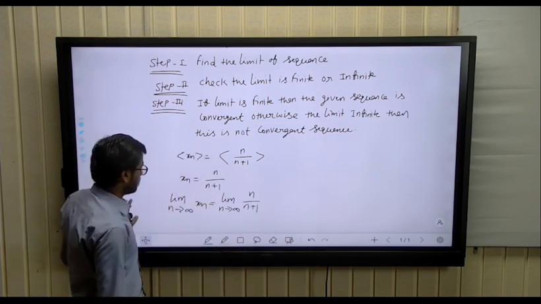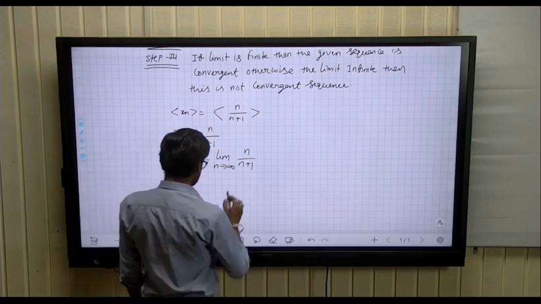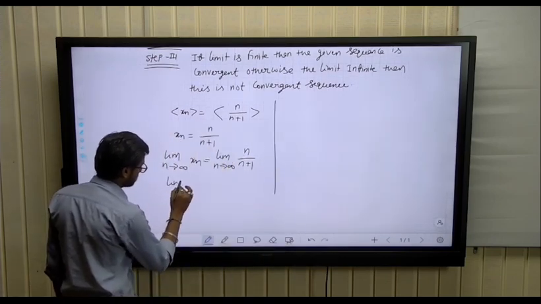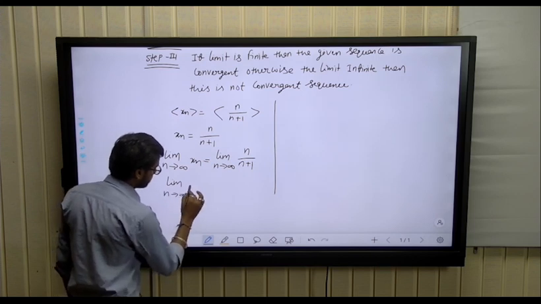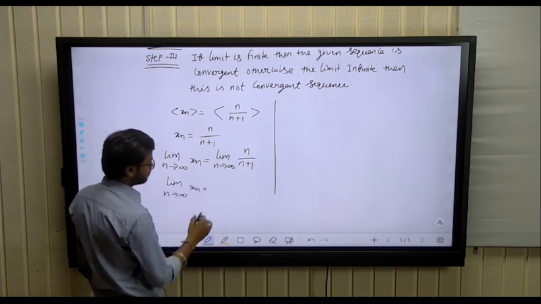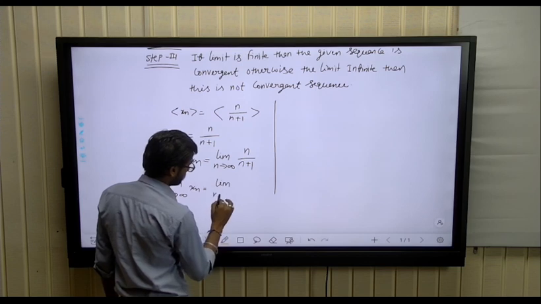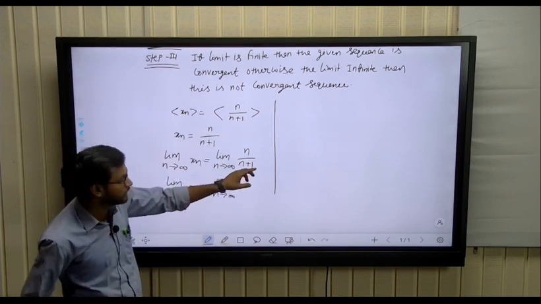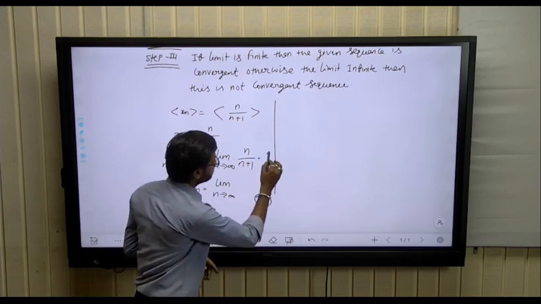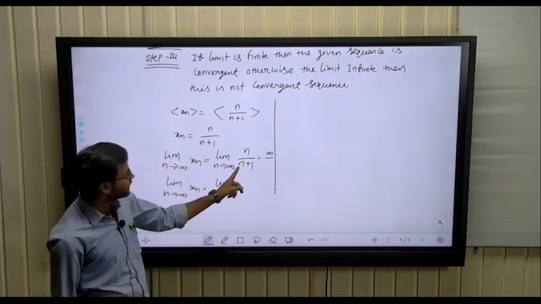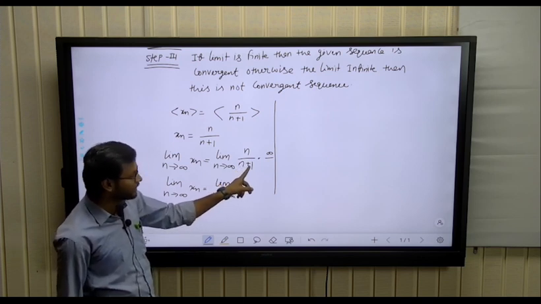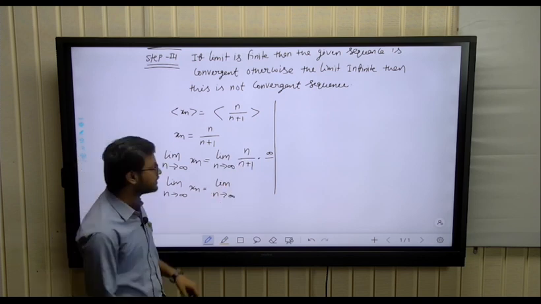Now we solve it. If we put the value of n as infinity, the numerator is infinity, and the denominator is infinity plus 1, which is infinity.